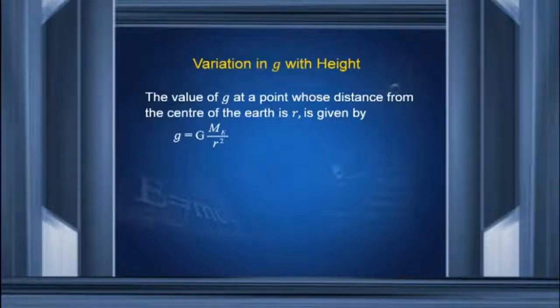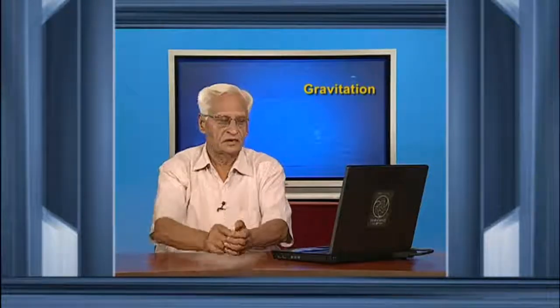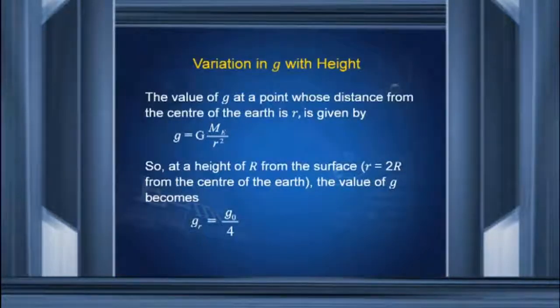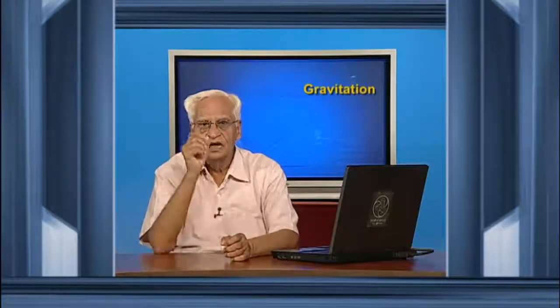We have seen it several times now. At a height of r from the surface, which means 2r from the center of the earth, the value of g becomes g0 by 4. g0 is the value G M by r squared, the value of g at the surface.